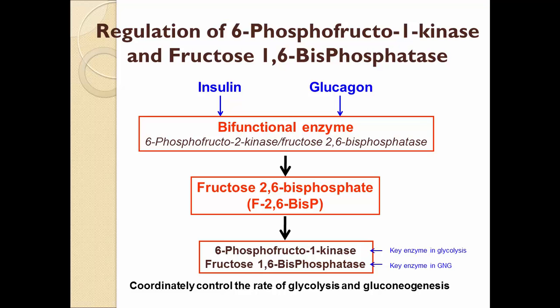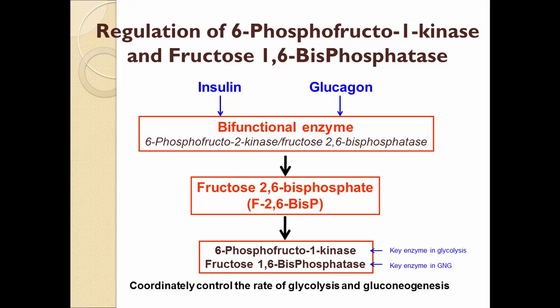This is phosphofructokinase 2, and the key enzyme is phosphofructokinase 1, right? And same thing, the bifunctional enzyme fructose 2,6-bisphosphatase, and the key enzyme in gluconeogenesis is fructose 1,6-bisphosphatase. Again, these are two different sets of enzymes, right? And they have different functions.